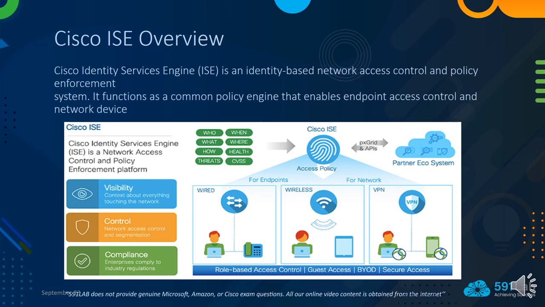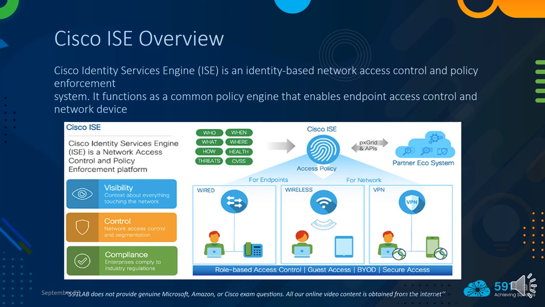That is authentication. What can he do? That is authorization. How will he authenticate? It asks about the authentication protocol, wired, wireless, or VPN. It also makes some health checks on your endpoints and network devices and scans them for threats and vulnerabilities.